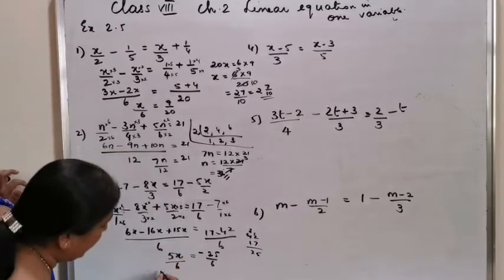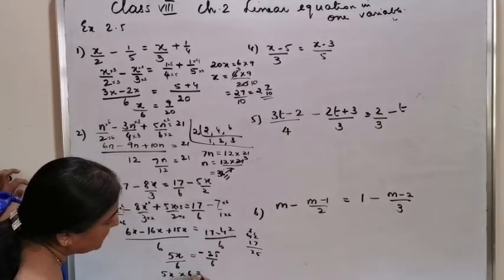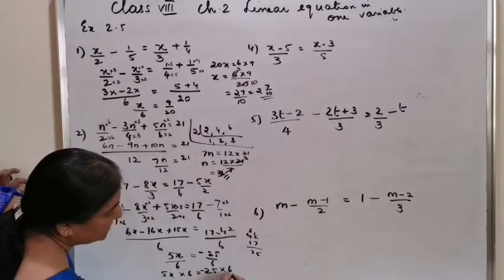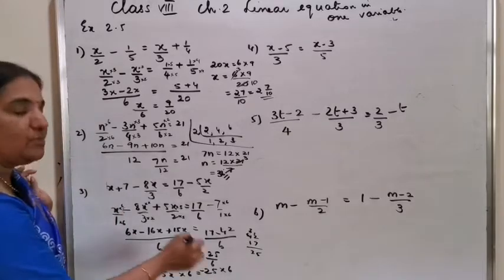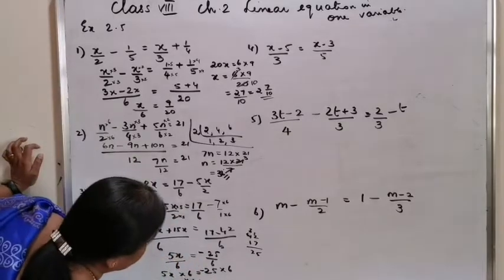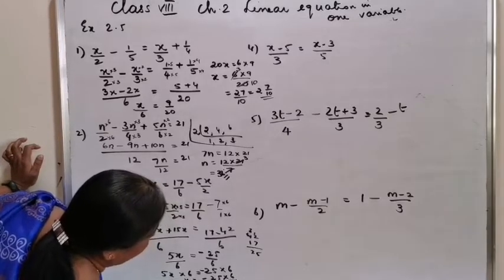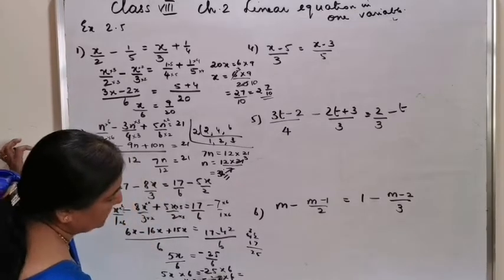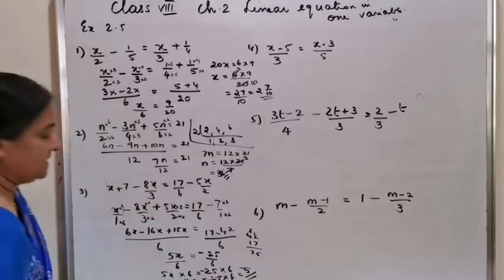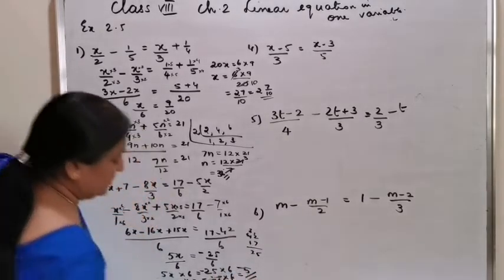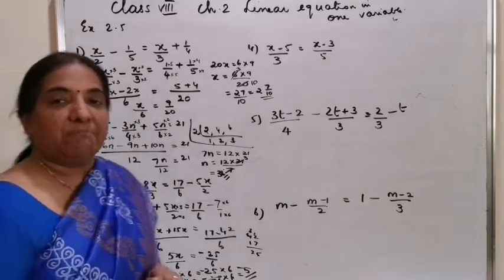Cross multiply as 5x into 6 is equal to minus 25 into 6. You know that 6 is going to get cancelled. x is equal to minus 25 into 6 by 5 into 6, minus 25 by 5. The answer is minus 5. So the value of x is minus 5.